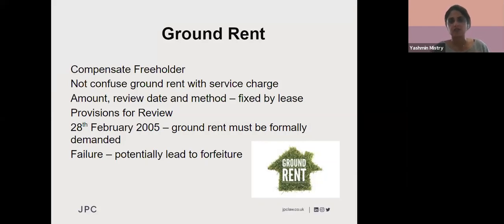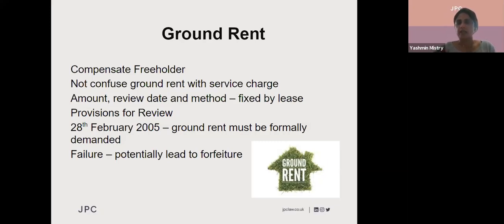In the second 33 years of the term, it's another amount, and for the rest of the term, it's something else. Or it could be reviewed by reference to RPI or something like that. You just have to look at the lease to work out whether or how ground rent should be demanded or charged, and whether there are any review periods.